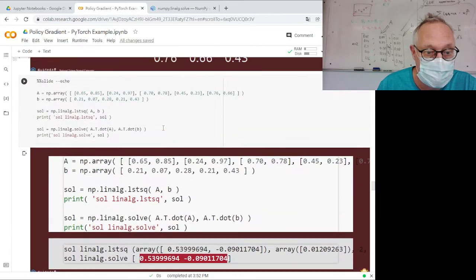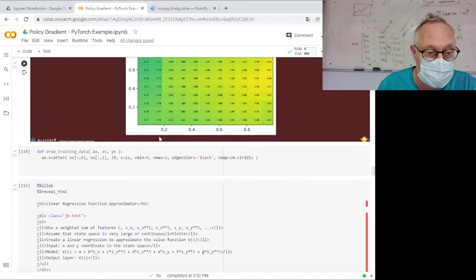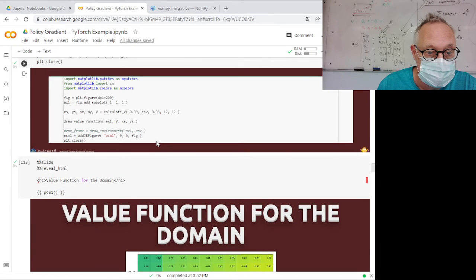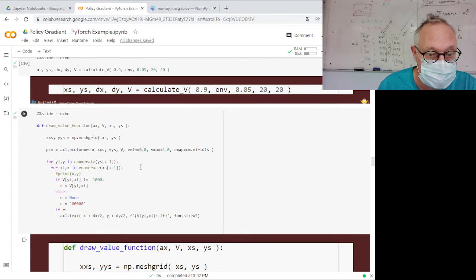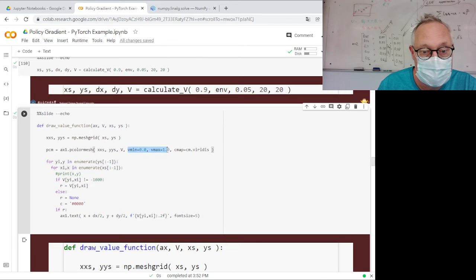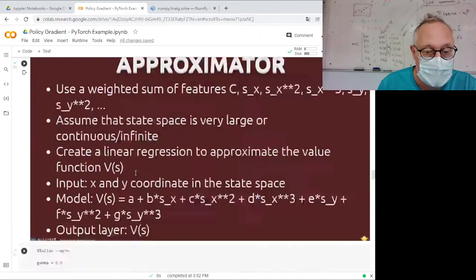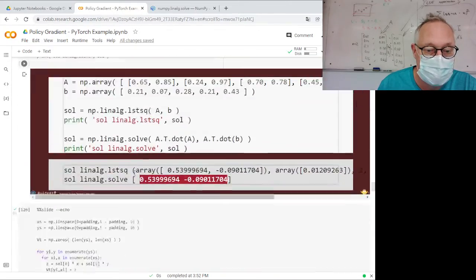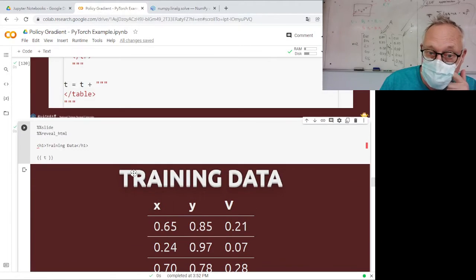I just want to make sure I use the right version. Yeah, so it should be drawn correctly with V minimum from 0 to 1. And as you can see, our approximation is not very good right here. This is what it should look like.